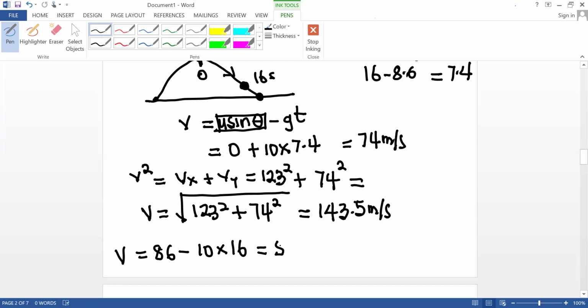So 86 minus 160. What is 86 minus 160? Negative 74 meter per second. And they will conclude that because it is negative, the body is coming down.